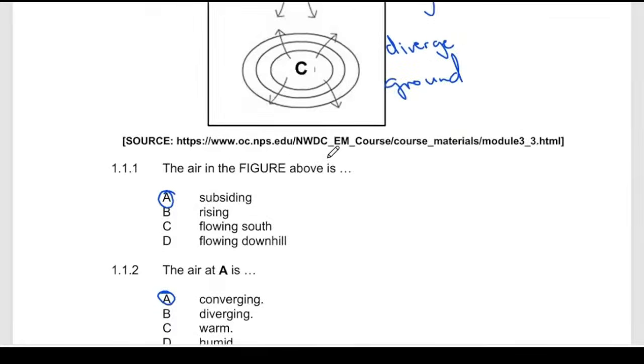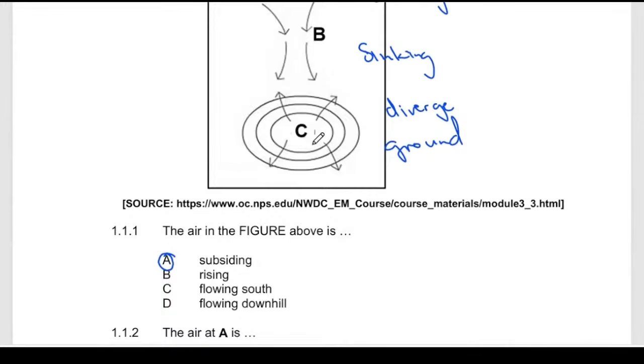Then number 1.1.3, at C, a dash pressure forms with dash rainfall. Let's look at C and analyze. We see C here, close to the ground surface. We said when air is sinking, it's going to create an anticyclonic system, or the development of a high pressure cell.